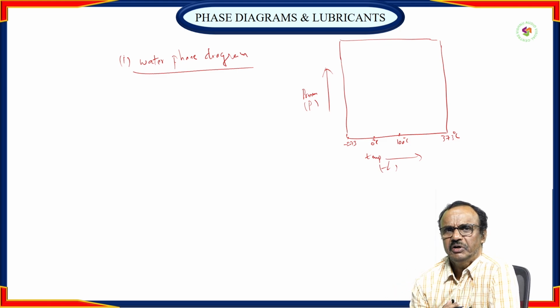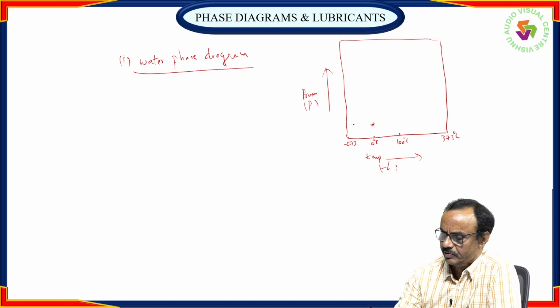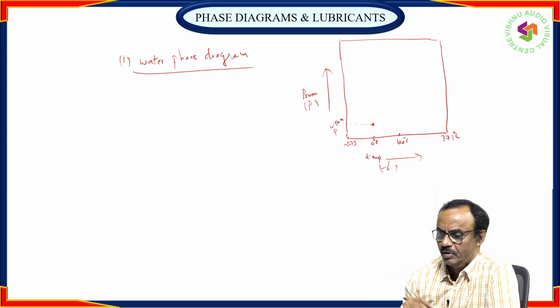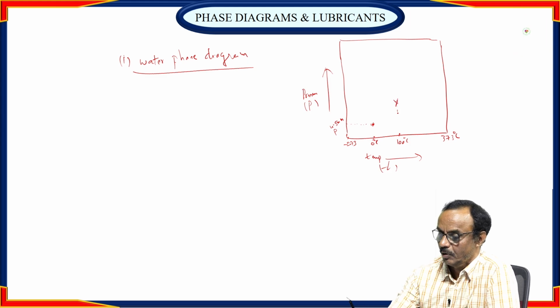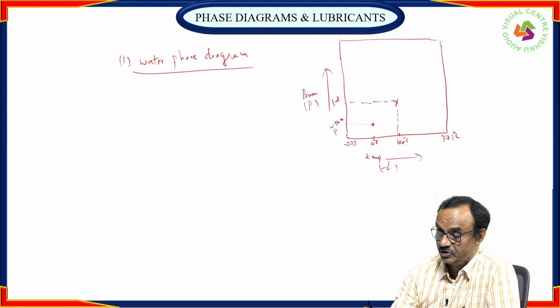At 0 degrees centigrade, vapor formed is very little, so the pressure exerted at this point is also very low, about 4.5 mm of mercury. On boiling to 100 degrees centigrade, the pressure exerted at this temperature is about 1 atmospheric pressure.